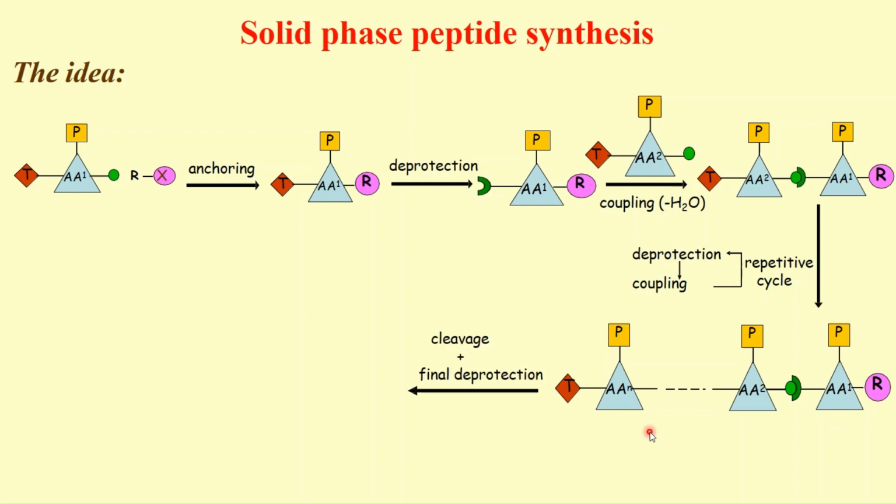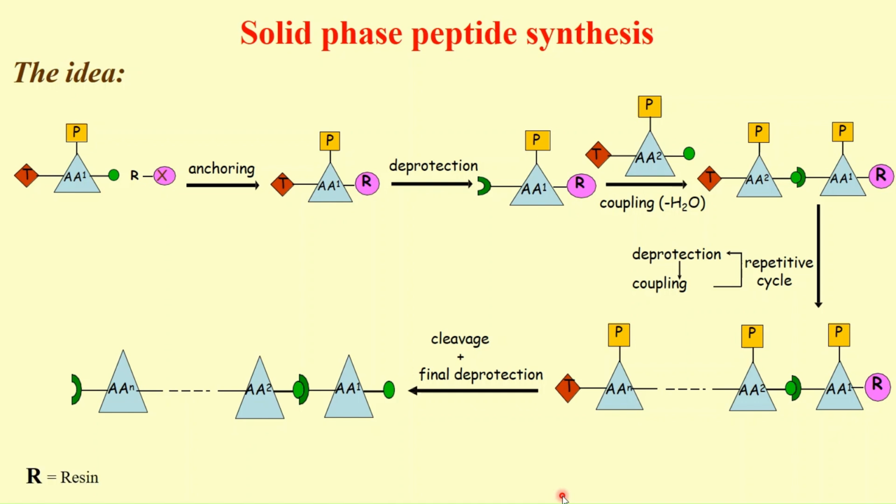Last step is the cleavage of this peptide which is formed from the resinous support and the deprotection of the side chains and also the amino group which gives rise to the desired peptide. Here R is the resin, T is the amino protecting group which may be BOC or Fmoc, P is the side chain protecting group as I already explained.